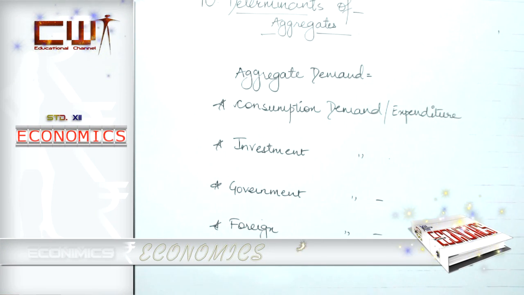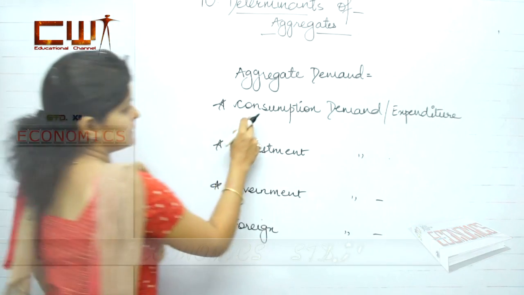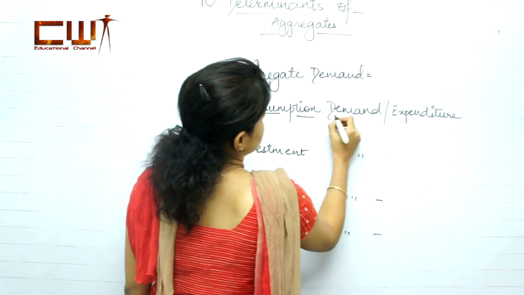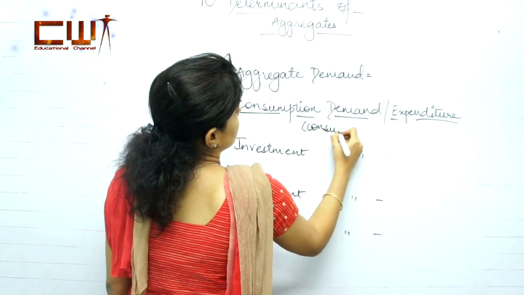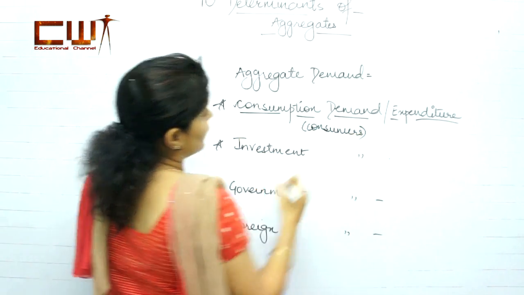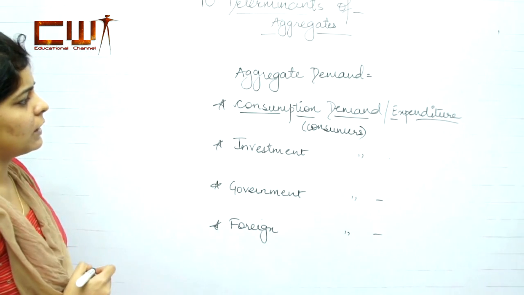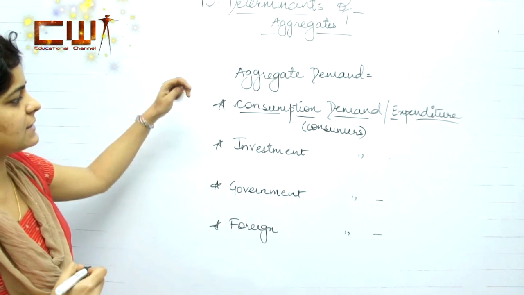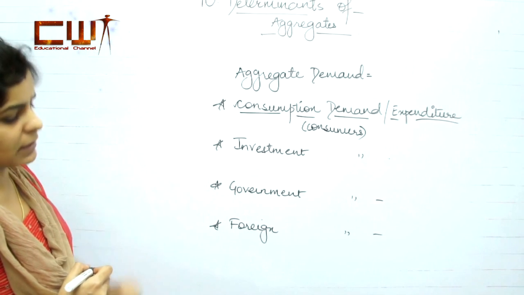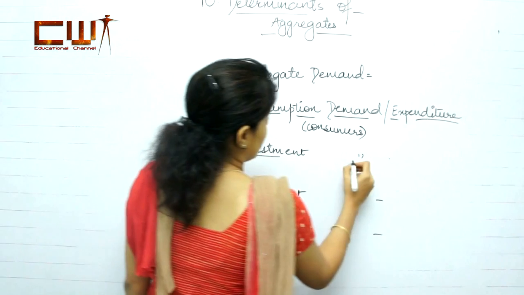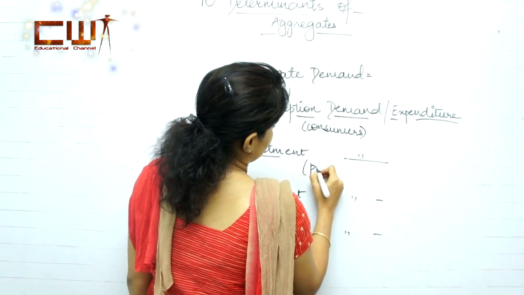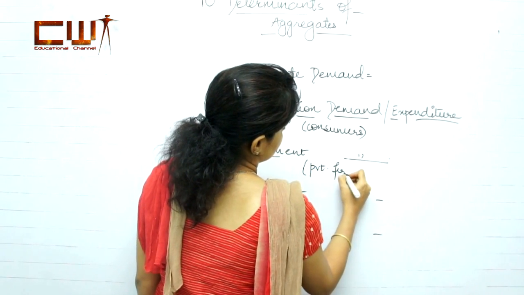Incurred by the consumers. In consumption demand is by the consumer section. When you directly want to consume the good, that is known as the consumption demand, that is made by the consumers, right? Then we have the investment demand, that is made by the private firms.